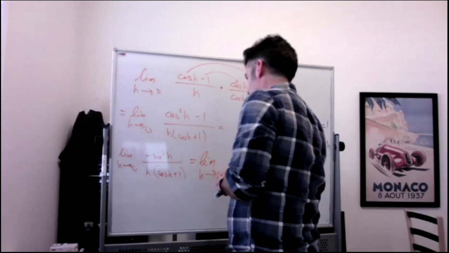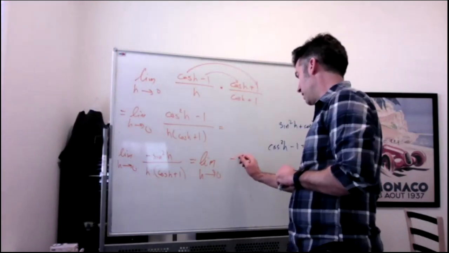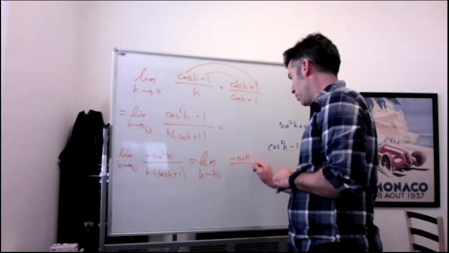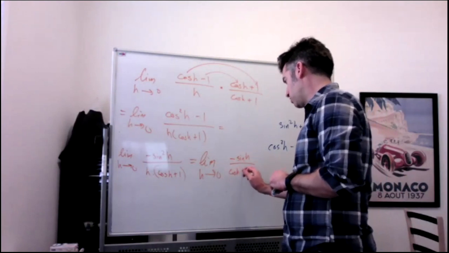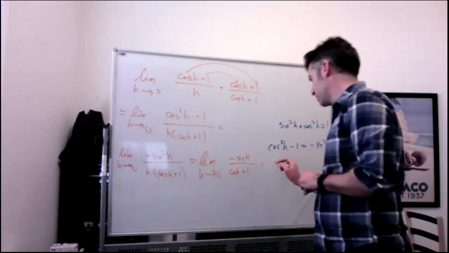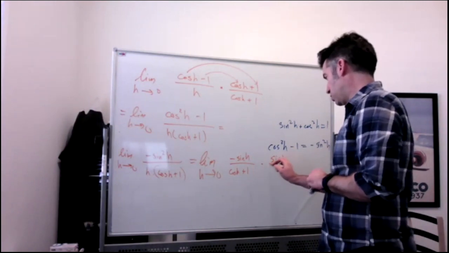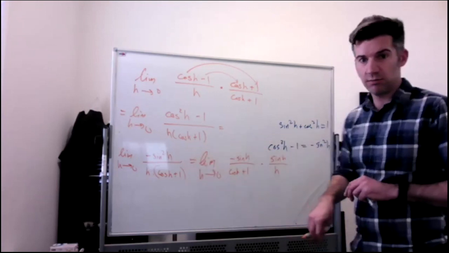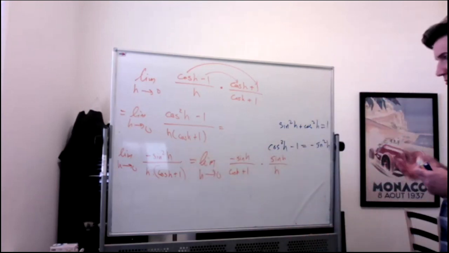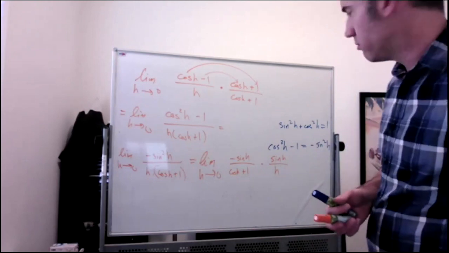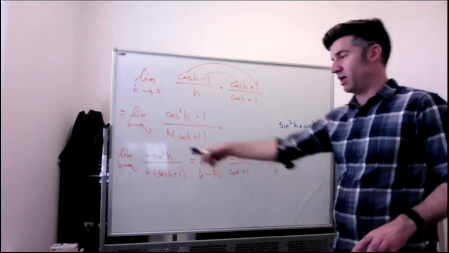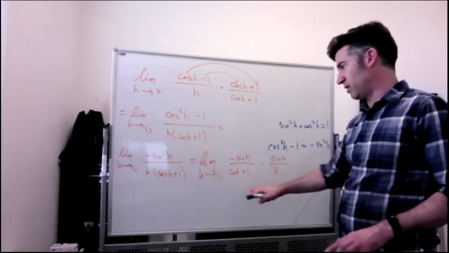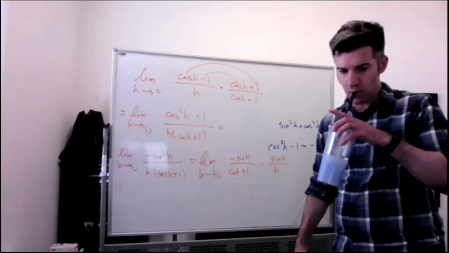The limit as h goes to 0 of negative sine of h over cosine of h plus 1 times sine of h over h. Is this the same as that? For sure. Definitely the same. The top times top gives you negative sine squared. Bottom times bottom gives you h times cosine of h plus 1.